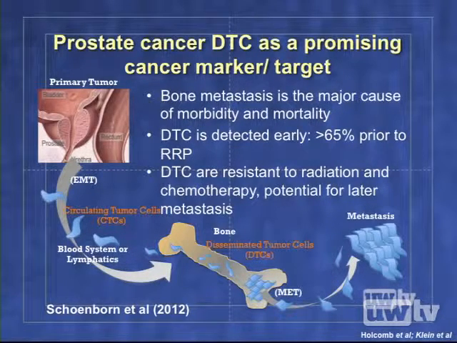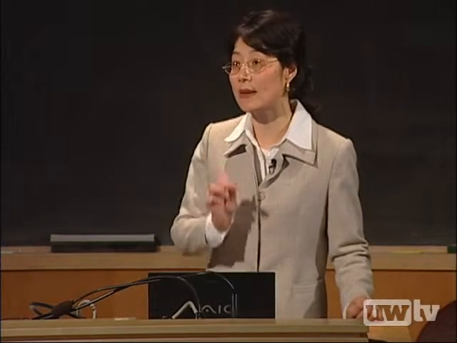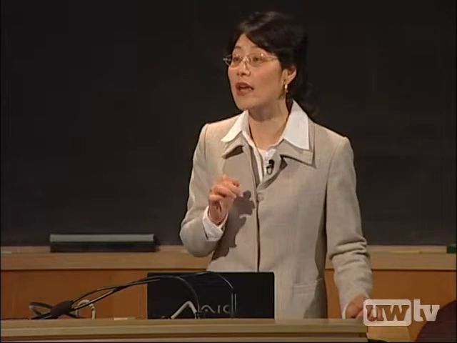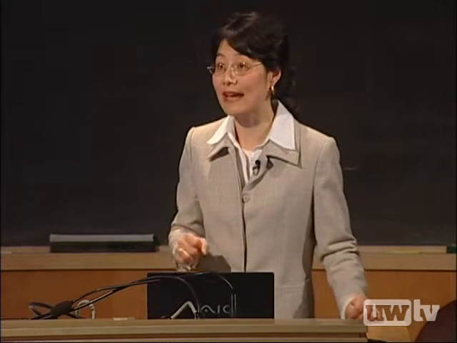DTCs are generally detected very early on in prostate cancer patients. Greater than 65% of patients can be detected with DTCs prior to radical prostatectomy. These cells can stay there for a very long time, and they're resistant to radiation and chemotherapy, so they have the potential for later metastasis.